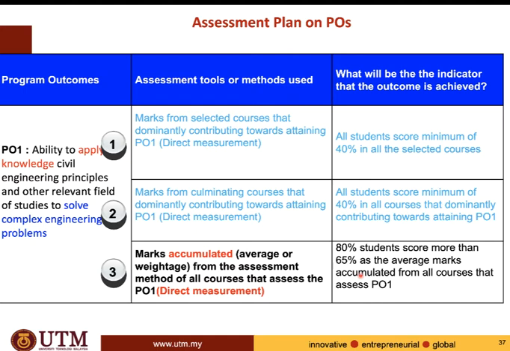And the indicator that the outcome is achieved, this is just an example, where you put a target that 80% of the students score more than 65% as the average mark accumulated from all courses that assess PO1.